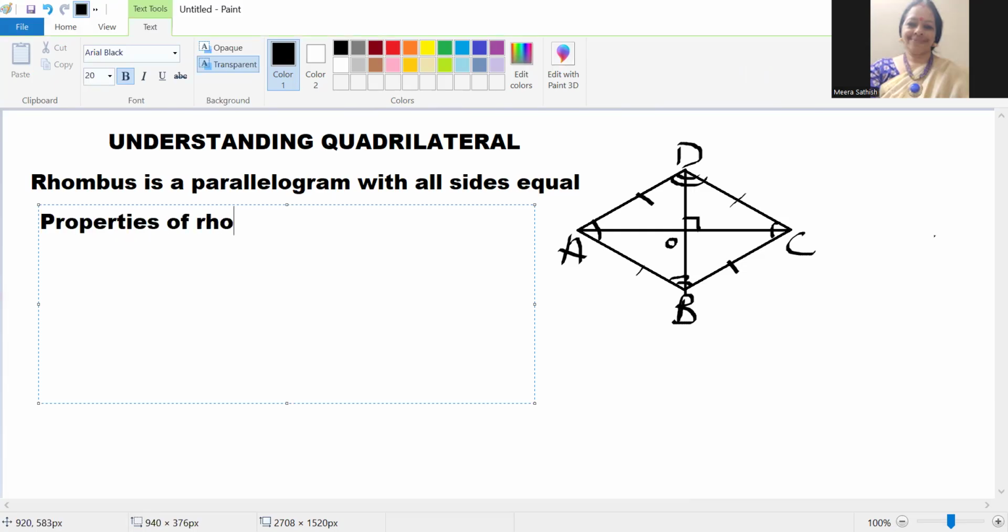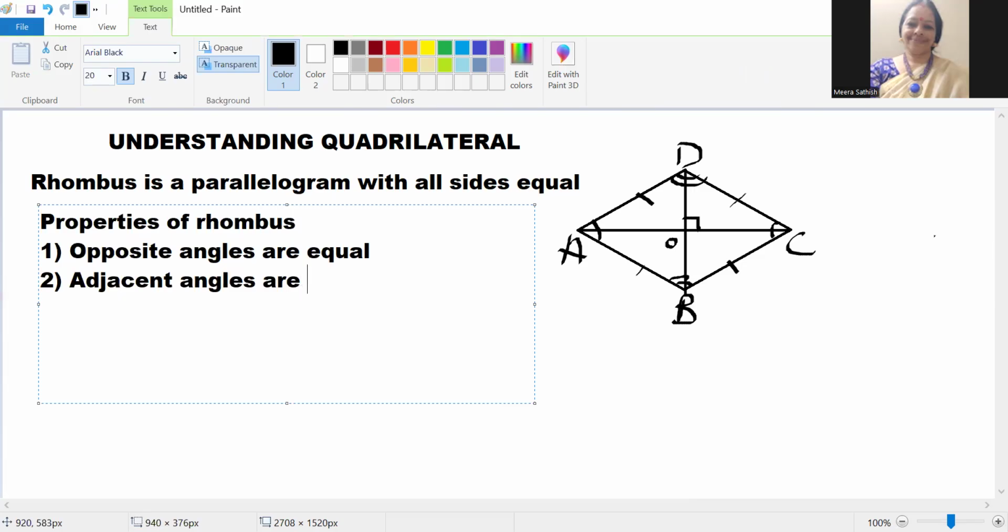So as in parallelogram, we can say opposite angles are equal. Adjacent angles are supplementary.